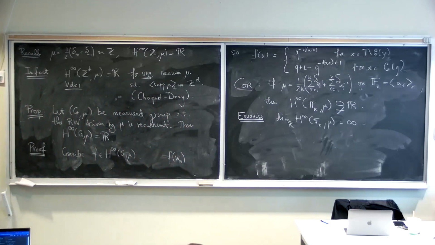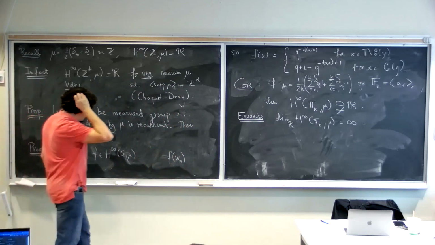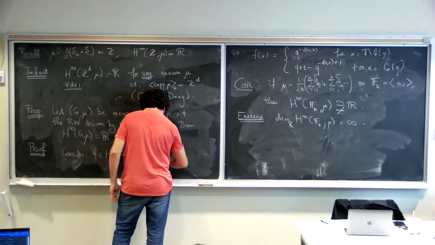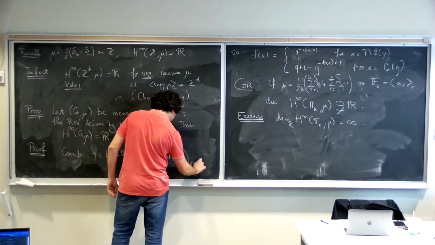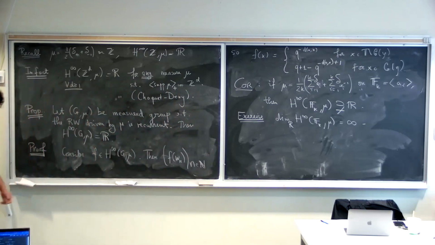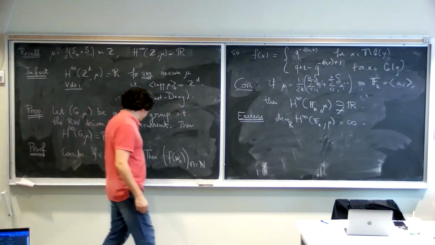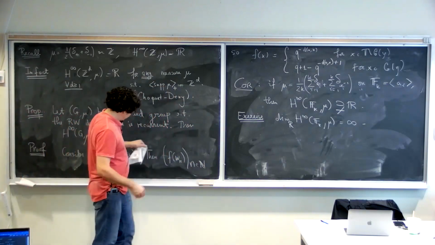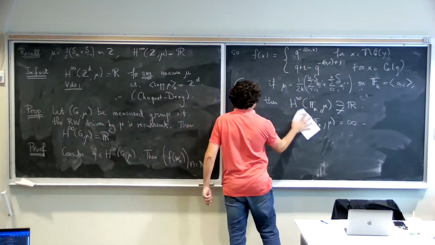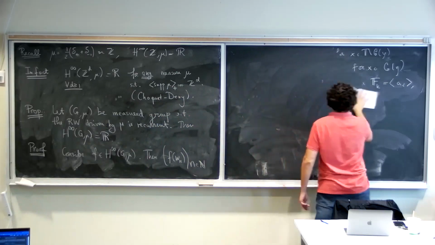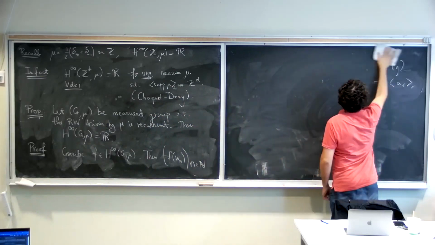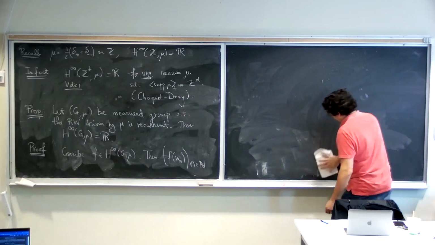Looking at f of W_n as a random variable, this is a martingale. We basically already saw this proof. Because f is harmonic, it is on average constant.